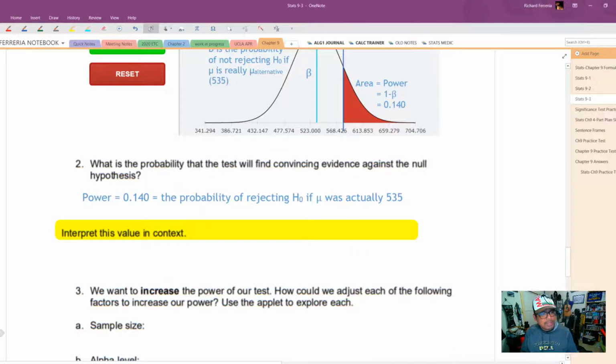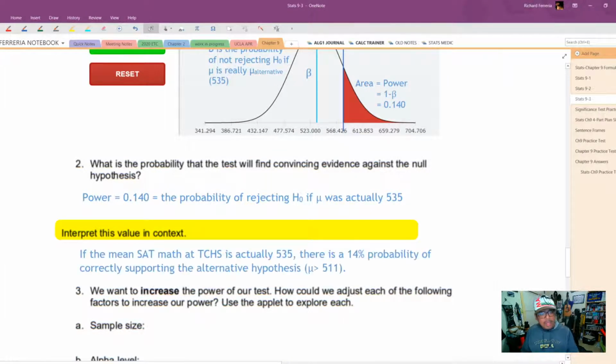Let's interpret this in context. If the mean SAT score at Taft High School was actually 535, there is a 14% probability of correctly supporting the alternative hypothesis. Simply put, power is the probability of making a good decision. That decision is rejecting the null hypothesis.